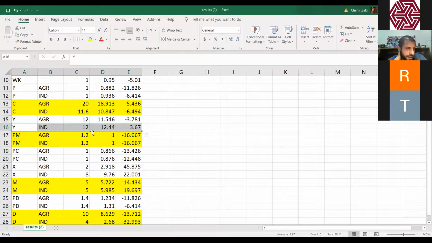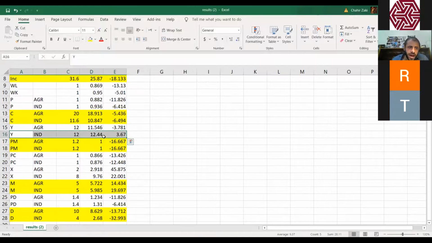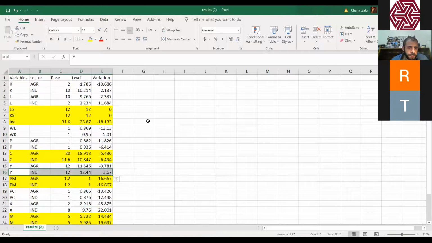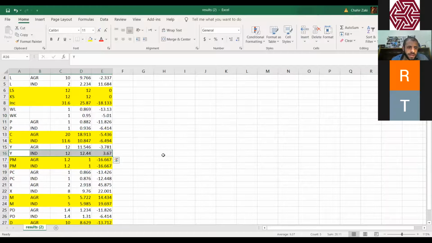Based on what we have here, have a look at this table and tell me why shall we expect, based on that, an increase in the production of industrial goods and a decrease in the production of agriculture goods. What happens?